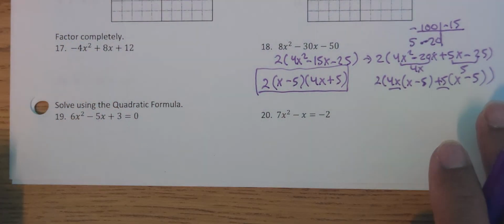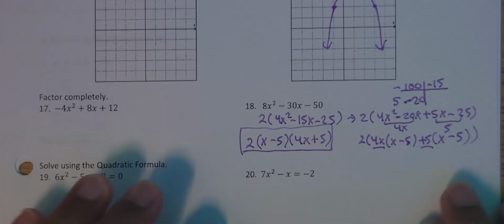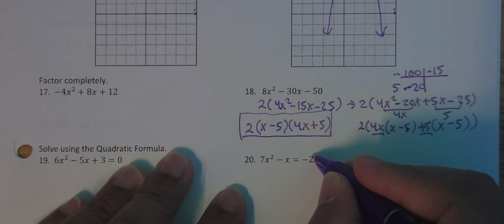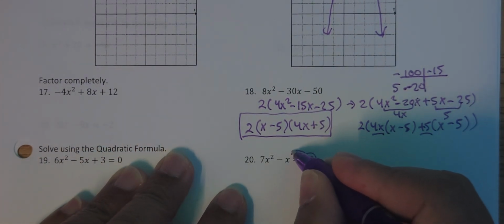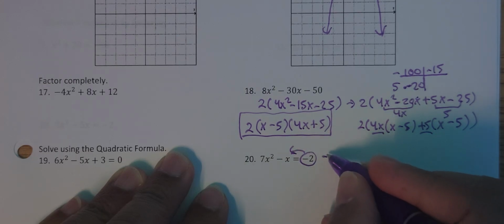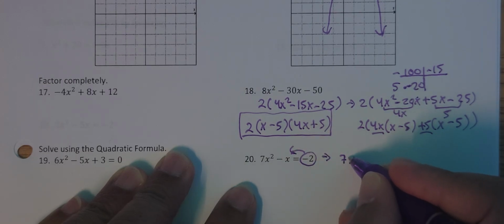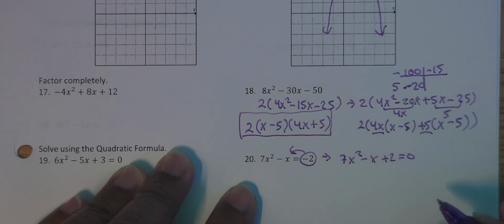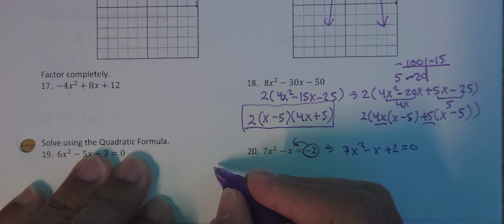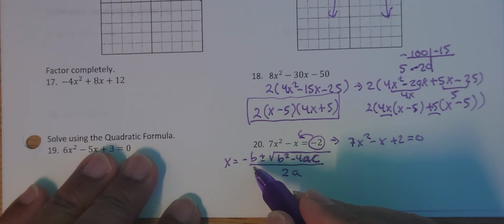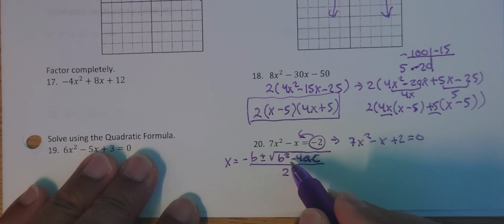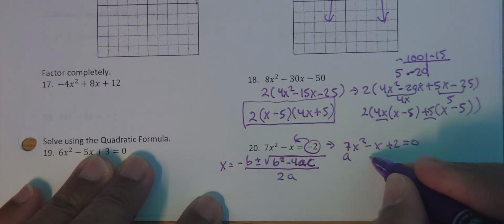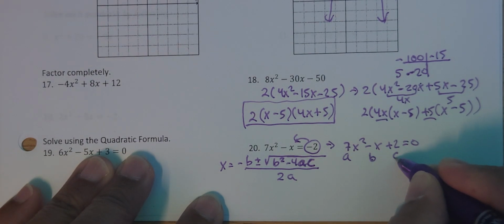All right, next problem. So for this one, we're being asked to solve using the quadratic formula. So I'm going to move this 2 to the other side, meaning now the equation becomes 7x squared minus x plus 2 equals 0. And the quadratic formula is this: opposite sign of b plus or minus square root of b squared minus 4 times a times c, divided by 2 times a. So this is a, b is negative 1, and c is 2.